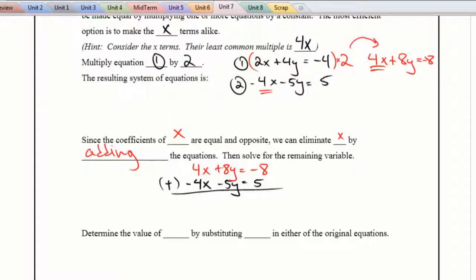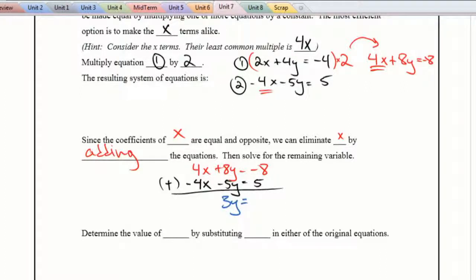And I'm going to go 8y plus negative 5y. So I have 8y's. I'm going to add negative 5 to my 8. So how many y's do I have? Well, 8 plus negative 5 is going to give me 3y's.